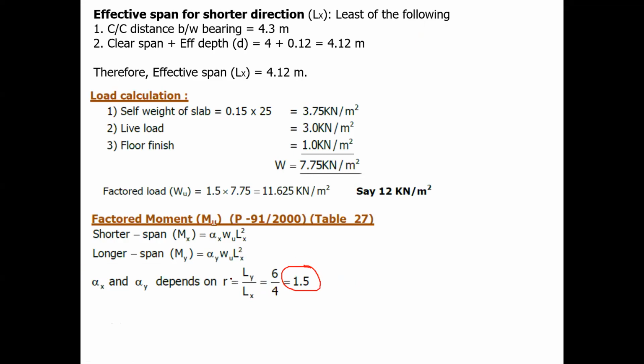So for this one, you have to calculate the alpha x value and alpha y value according to the code. Page number 91, it is not table 27, it is 26, because here in the question itself they have mentioned two adjacent edges discontinuous.